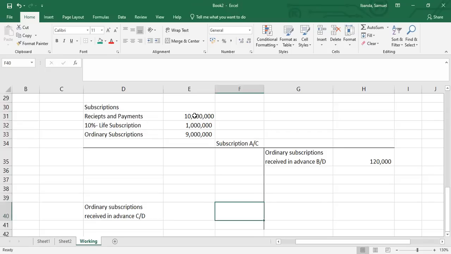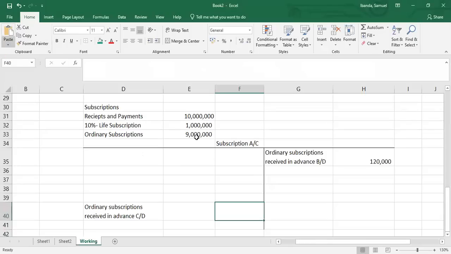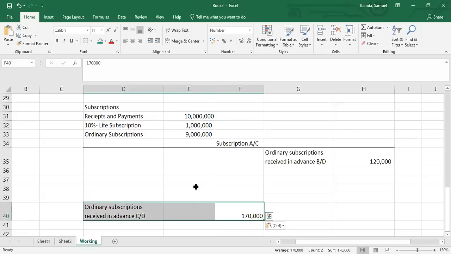I'm putting it here because in the next financial year, it will be on the debit side, okay? So I put 170 here. As long as you know where to put the balance brought down, put the balance carried down on the opposite side. So I've put this 120 here and I've put the other balances right here.